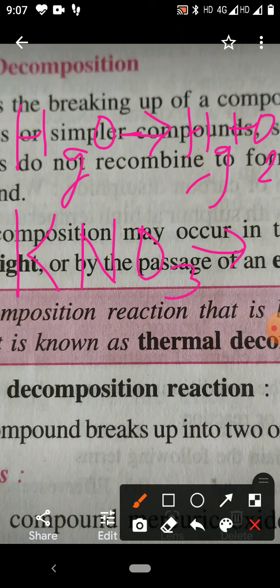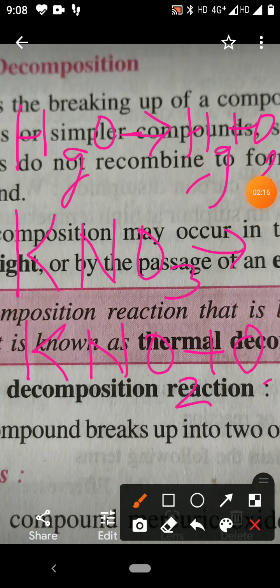Potassium nitrate breaks into potassium nitrite, KNO2, and oxygen. So there is one element and one compound. The compound is potassium nitrate, it breaks into potassium nitrite and oxygen.